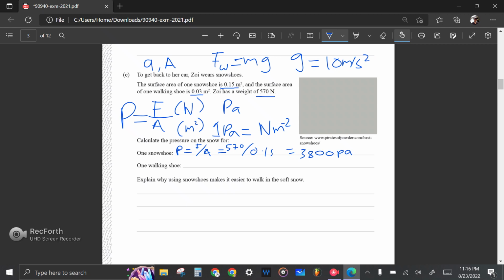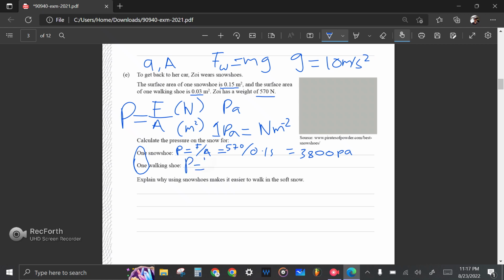Typically when you think about a human, we've got 2 feet, so that might be calculated for both snowshoes. So make sure you don't multiply the area by 2 unless asked, so instead of 0.15, you'd put in 0.30 square meters, so just make sure to read that part carefully.